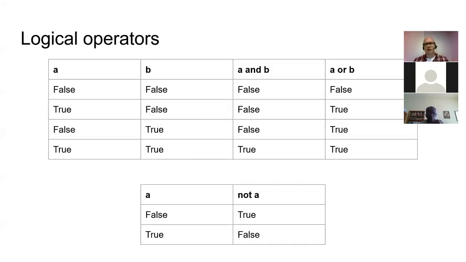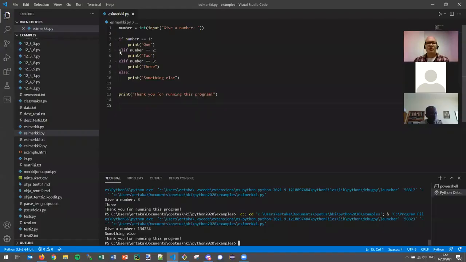Often it's also a good idea to be able to chain several conditions into a single condition. And what I mean with this one is that we may want to combine conditions, something like we want to know if a number is between 1 and 10, for example. And if you think about it, that's actually 2 conditions.